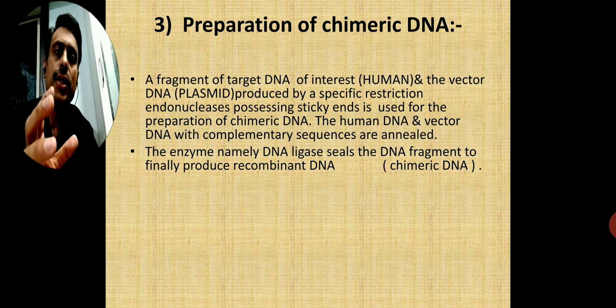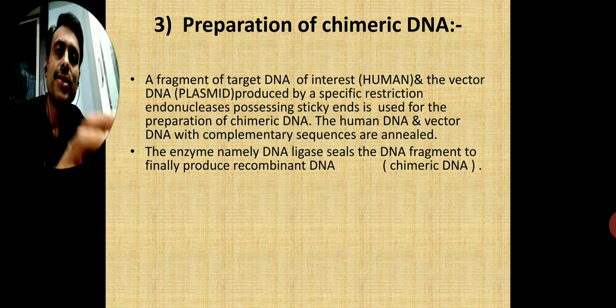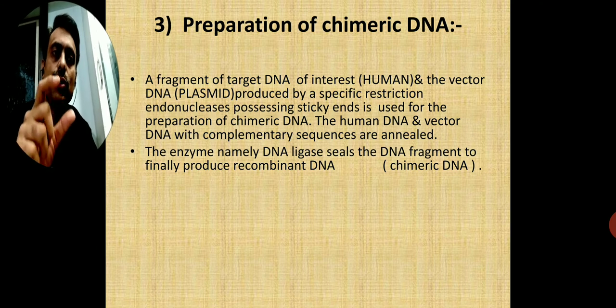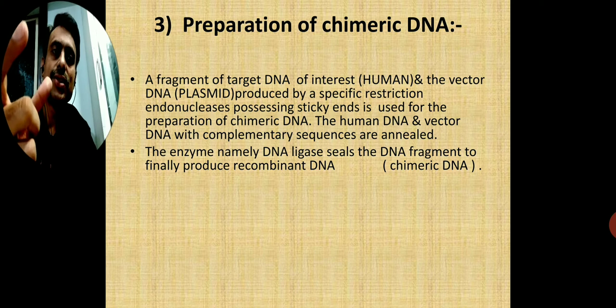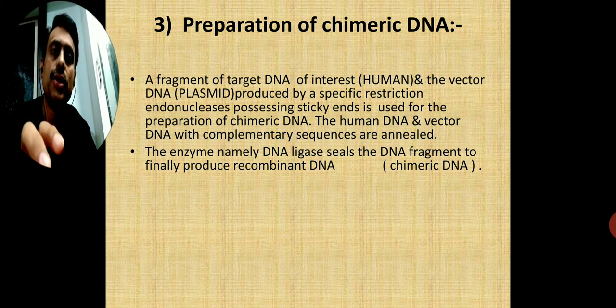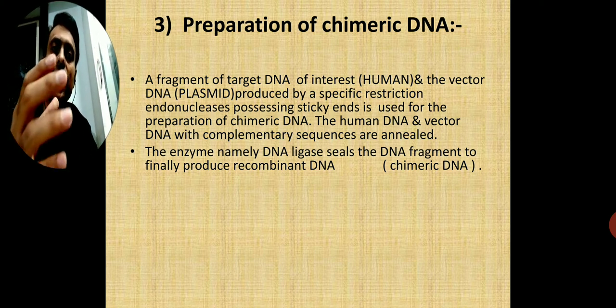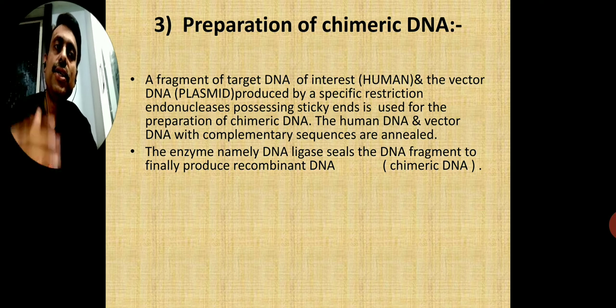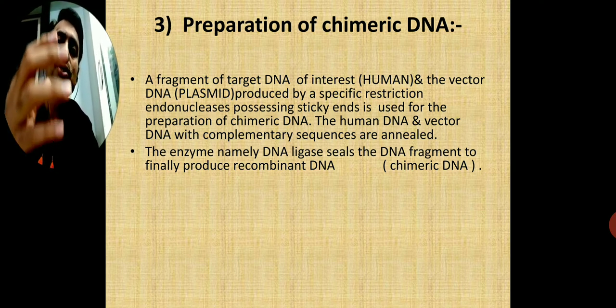The human DNA and vector DNA with complementary sequences are annealed, joined, and the enzyme DNA ligase seals the DNA fragment to finally produce recombinant DNA.